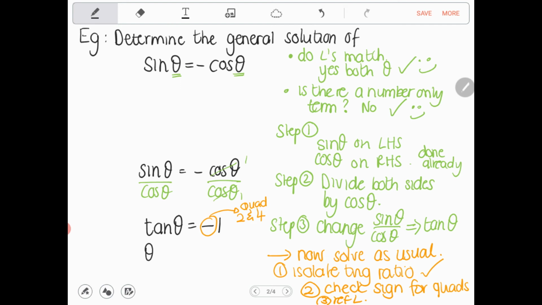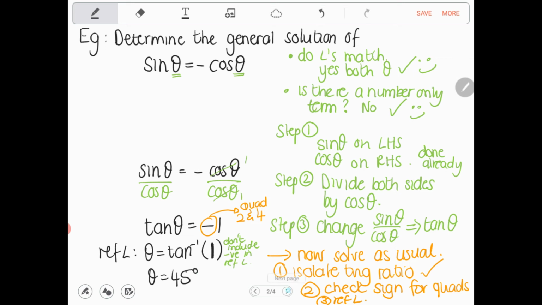Theta is going to be tan inverse of 1. Remember, please don't include the negative in the reference angle. It's just positive 1 there. And then when we work that out, we would get theta is equal to 45 degrees.